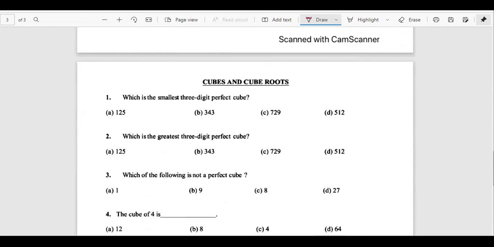Now in MCQs, you would not be having your calculator. You cannot think of it this way. This is why I'm telling you that you need to learn the list, right? Obviously, you can start doing it on your own, but that would take time, okay? 3-digit, and perfect cube.